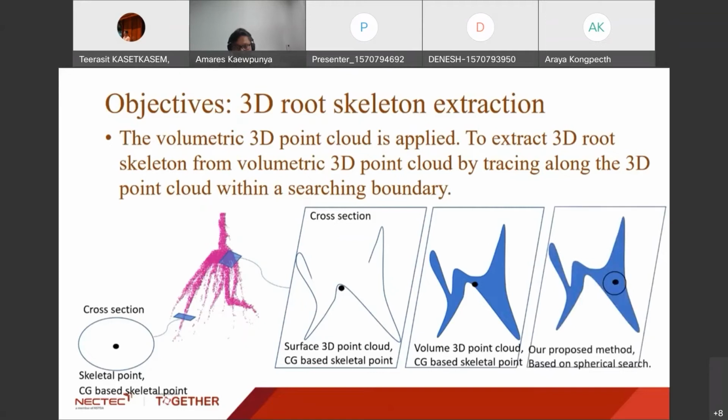Our skeleton extraction method based on spherical search can eliminate cross-section plane calculation and narrow the cross-section area. Our searching sphere is set to guide the skeleton path to a specified destination, the root node.